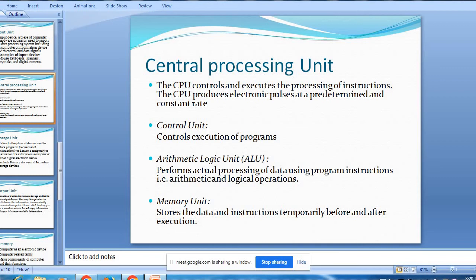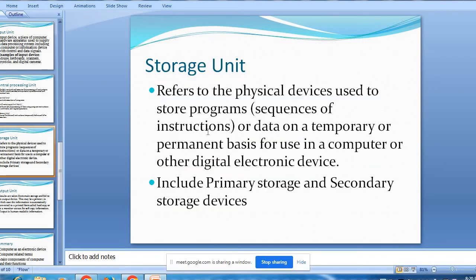We have the control. We have the logical and arithmetic units, which take place inside the CPU. Very good. Another unit is the control unit. So that is the major unit.